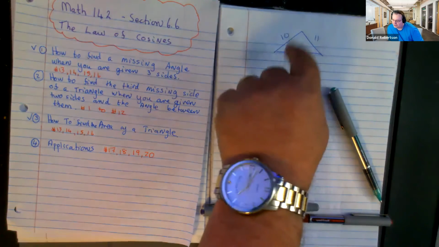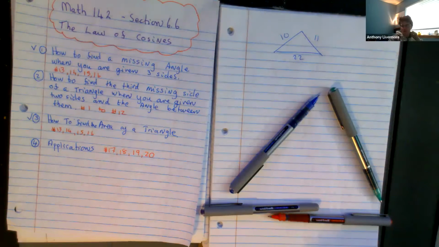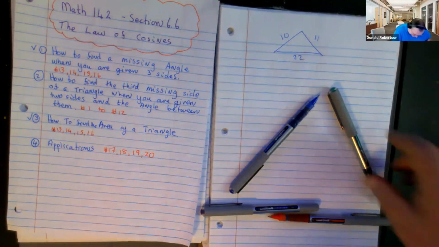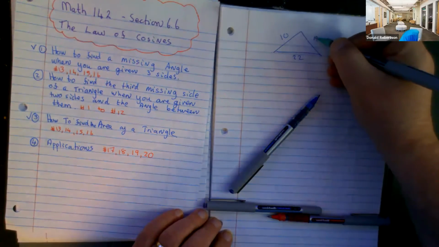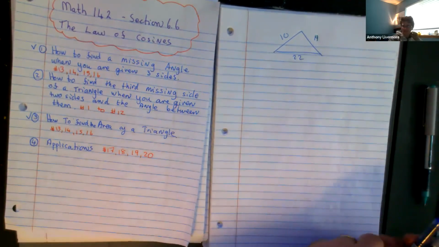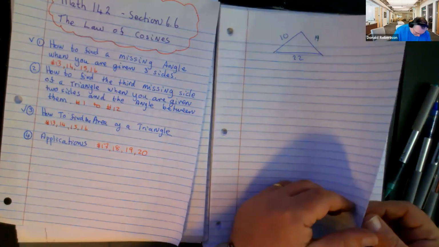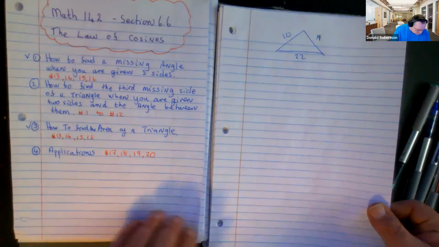Why there's only one answer in that case? So cosine rule, you're going to get one angle. Sine rule, not always, but you might get two.